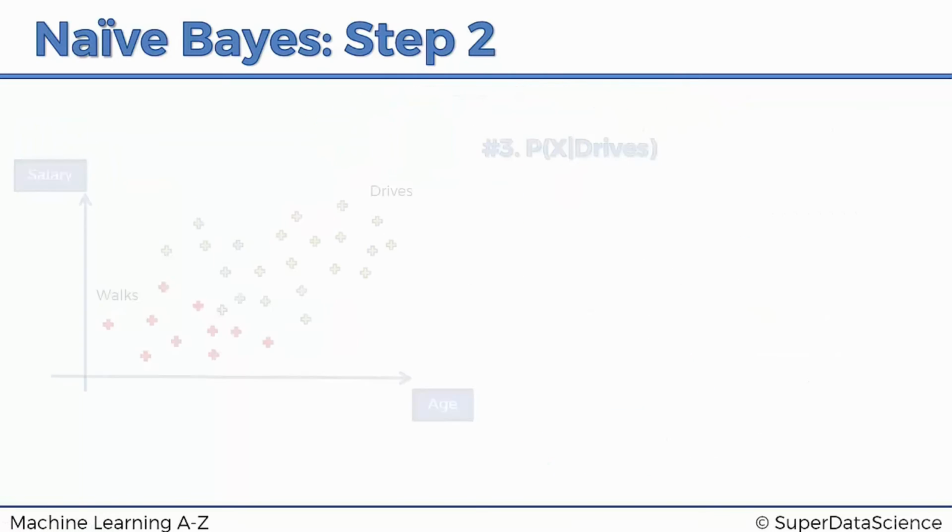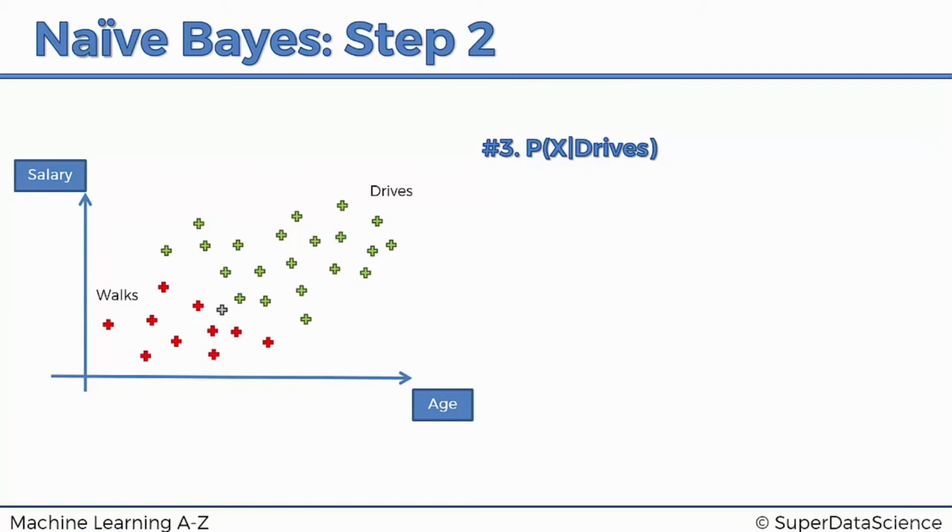So let's have a look at that. Here's our data set. And again, we're going to draw the circle around our data point, take it out, and then add that shading. So now the question is, given that we're only dealing with people who drive to work, what is the likelihood that if we pick one of them, that person will be exhibiting features similar to X. So because we're only dealing with the people who drive to work, we can forget about the red dots.